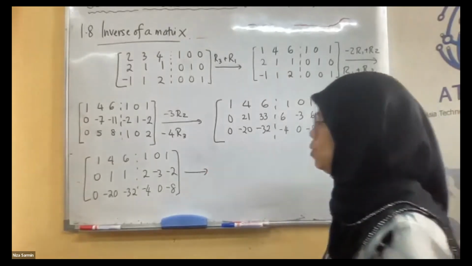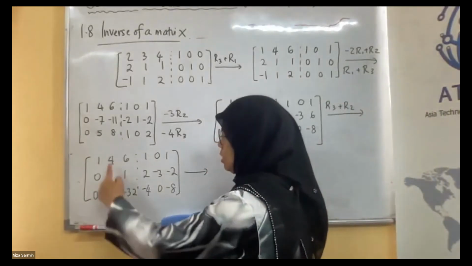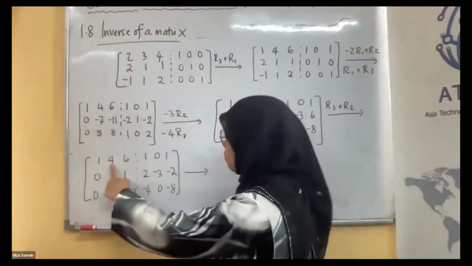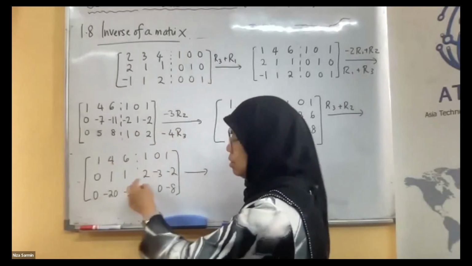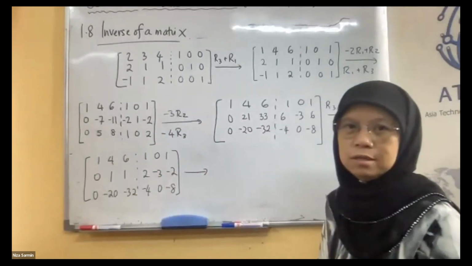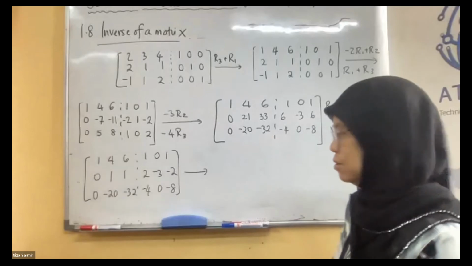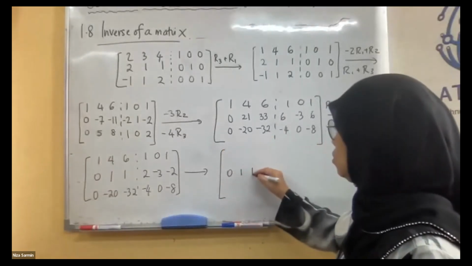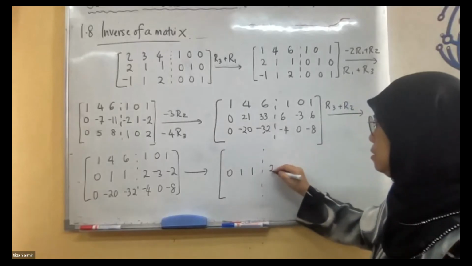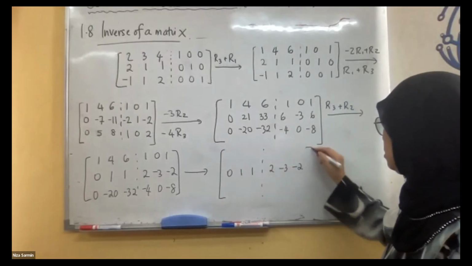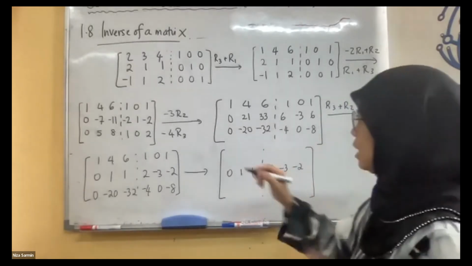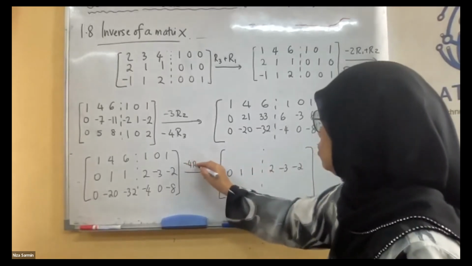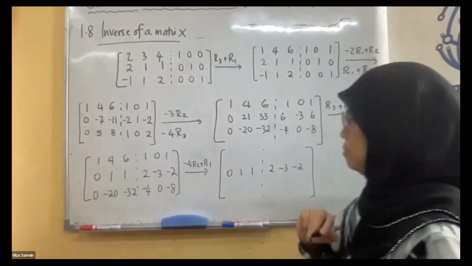And then you want to make this 0 and this 0. If you change anything before fraction, then it will be harder. But if you don't mind fractions, it is okay. So I copy the second row. Okay. And then the first one, negative 4, row 2 plus row 1.